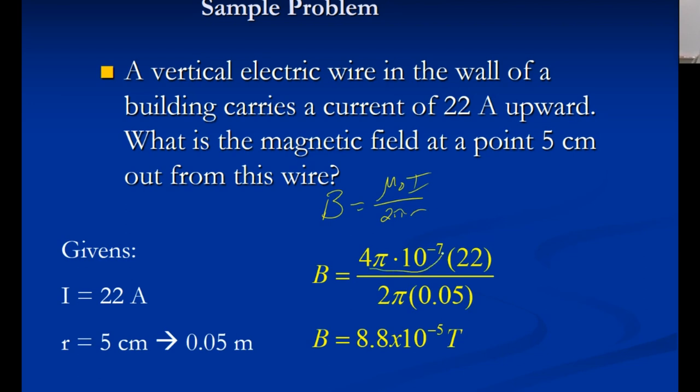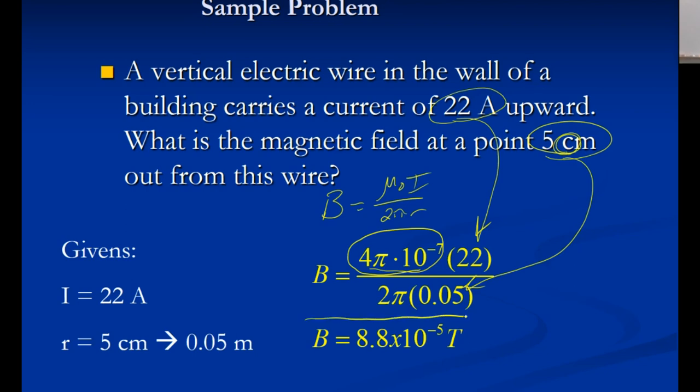So here is the mu naught, 4 pi times 10 to the negative 7. The current, they tell us, is the 22 amps. And then I have 2 times pi, and 5 centimeters is my radius, but remember it's in centimeters, so I have to convert that. And I end up with a magnetic field here of 8.8 times 10 to the negative 5th Teslas. And that is going to be the magnetic field there.